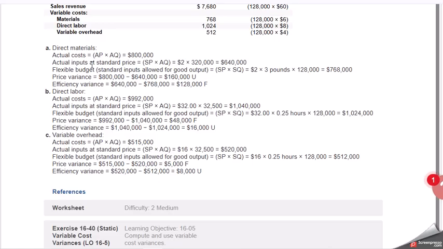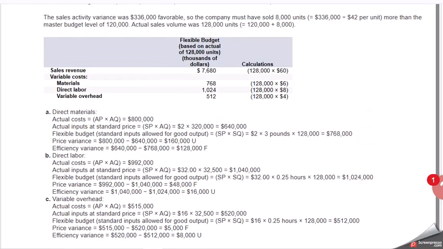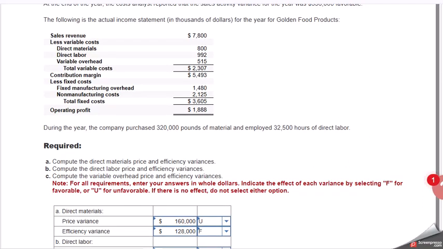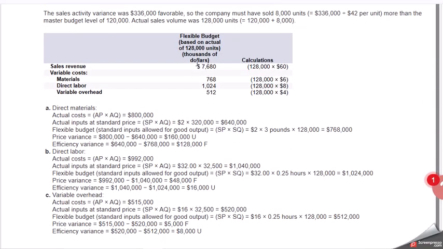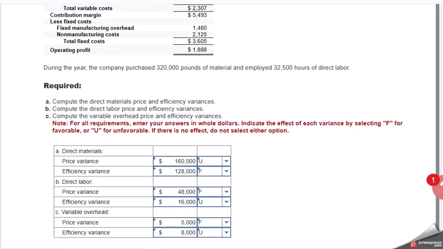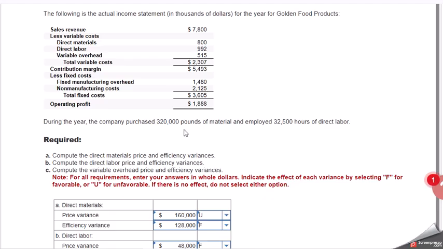So we are comparing our actual costs. Again, the actual costs are given to us up above, so the 800,000. And then we're going to compare that to the actual inputs at our standard price. So $2 is our standard price, and our actual inputs are 320,000 pounds because we're in the materials.